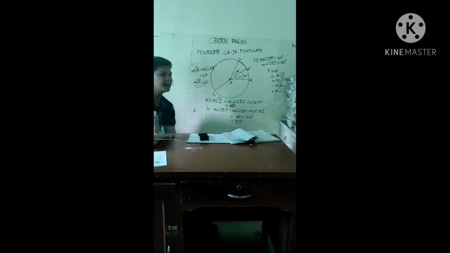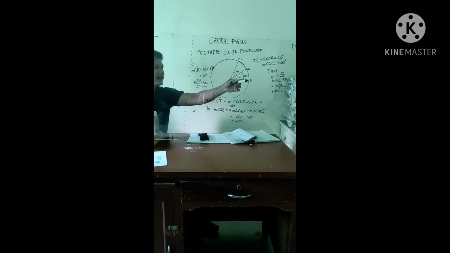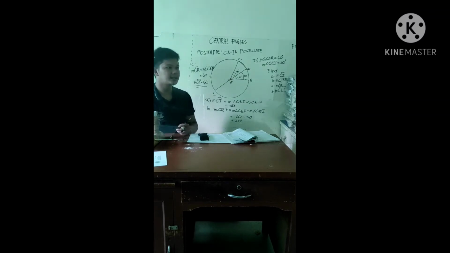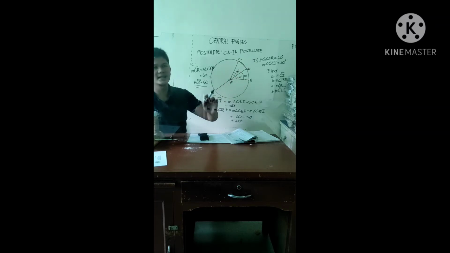Now, si letter D naman, measure of arc CLI. So, si CLI is dito na part. Okay. So, ang gagawin lang natin, since this is a major arc, no? Kasi malaki siya eh, no? Major arc.